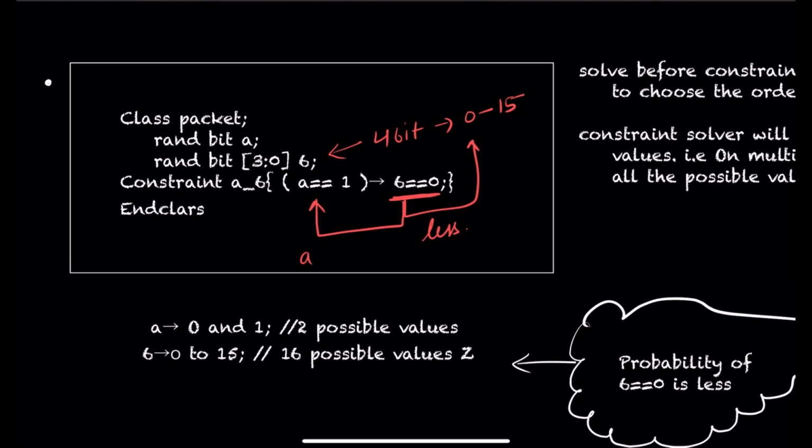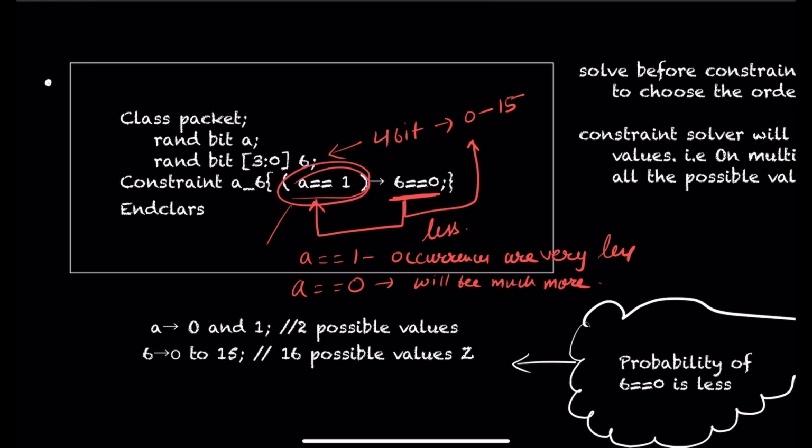So we can say that A equal to 1 occurrences are very less, and occurrences of A equal to 0 will be much more, correct? So suppose in some cases we require the value of A equal to 1 for a large number of iterations. What will we do?